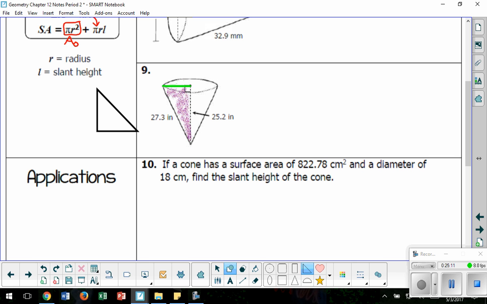If I pull this out, I have my radius is r, my slant height is 27.3, and my height is 25.2. Use your Pythagorean theorem.